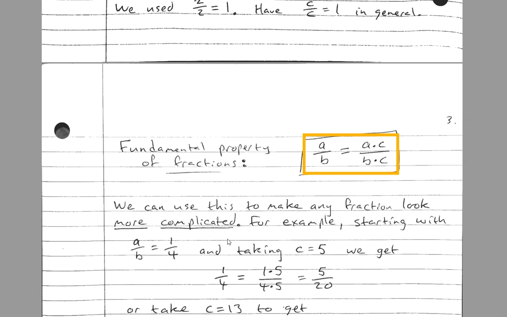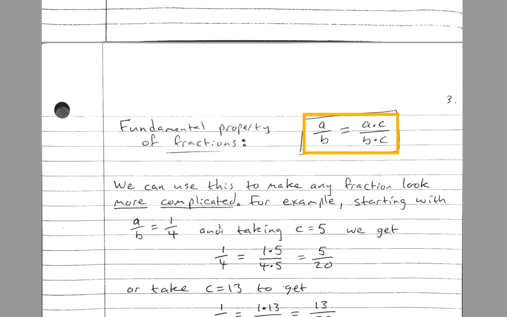Okay, so going from left to right, for example, starting with 1/4 and taking C equal to 5. Putting in, 1 over 4 is equal to 1 times 5 over 4 times 5.